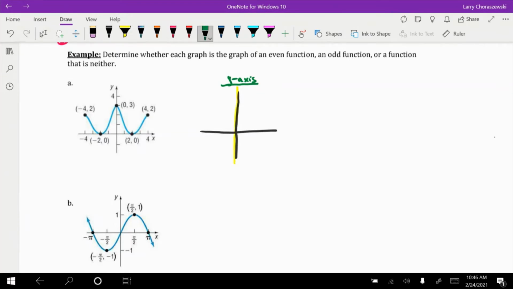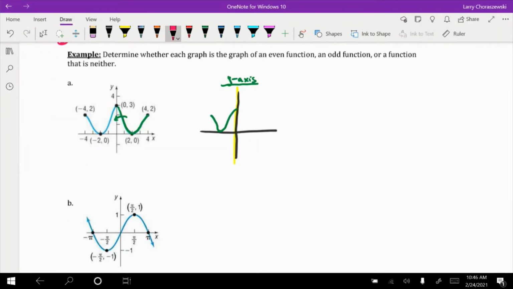And I like to do that in pieces. I'm going to look at the piece that's to the right of the y-axis from our original graph, this right here. And we're going to mirror that over to the left-hand side. And when you do so, you end up with the graph, or that piece in quadrant 2, situated this way.